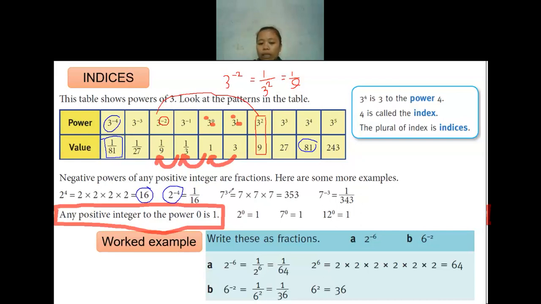7 to the power of 3 is 343. Sorry, typo. If it is 7 to the power of negative 3, we just make it 1 per 343.